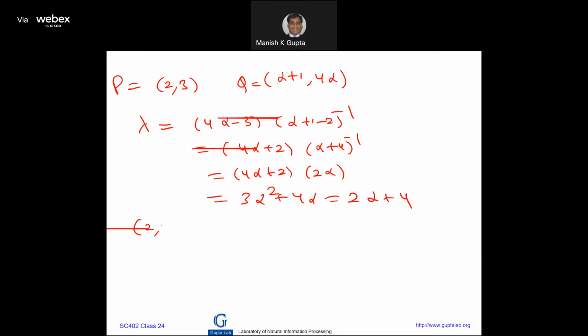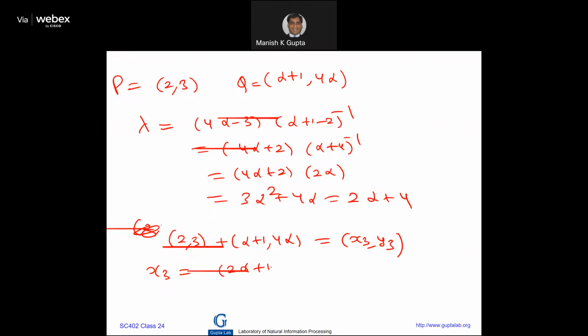So (2, 3) plus (alpha plus 1, 4 alpha) equals (x3, y3). x3 is equal to (2 alpha plus 4) whole square minus 2 minus alpha minus 1.